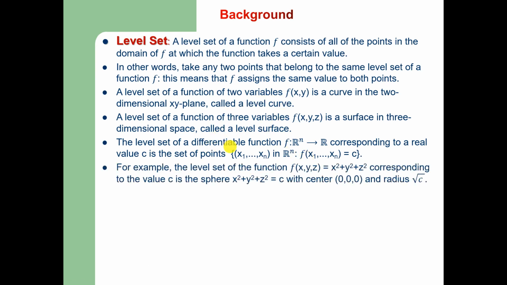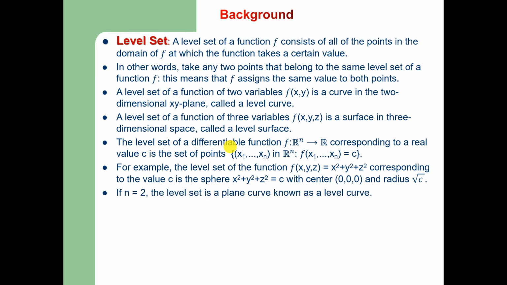For example, the level set of the function f of x, y, and z, which is equal to x square plus y square plus z square, corresponding to the value C, is the sphere x square plus y square plus z square is equal to C, with center 0, 0, 0, and radius under root C.